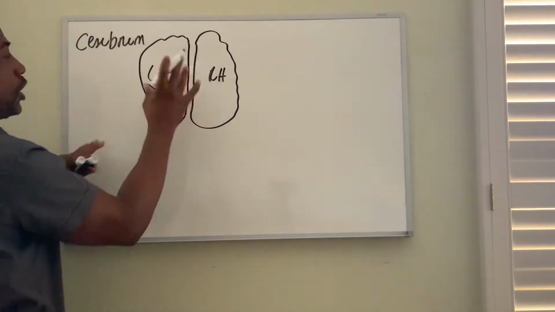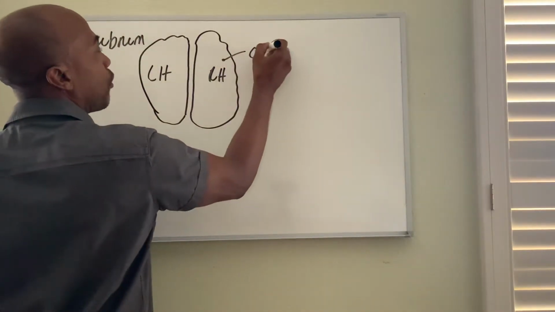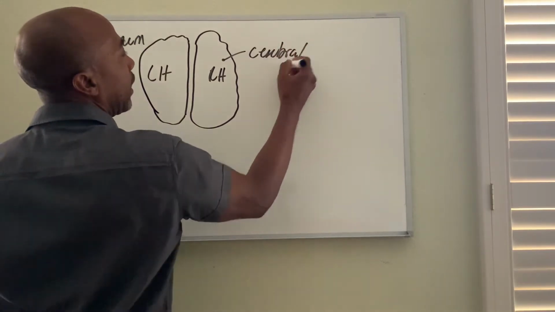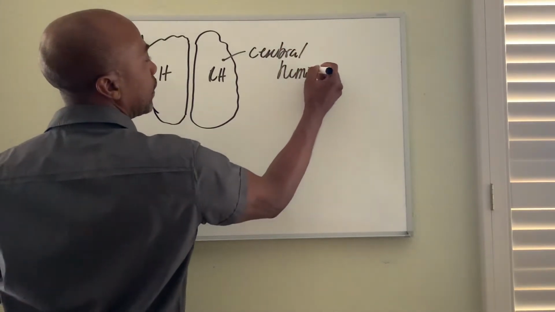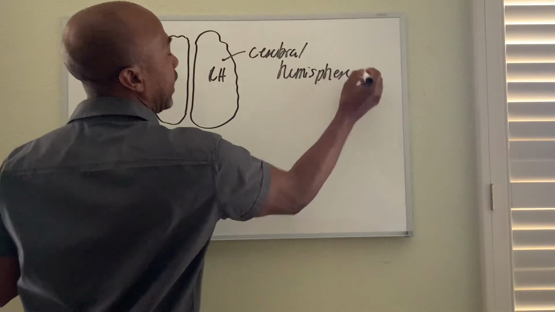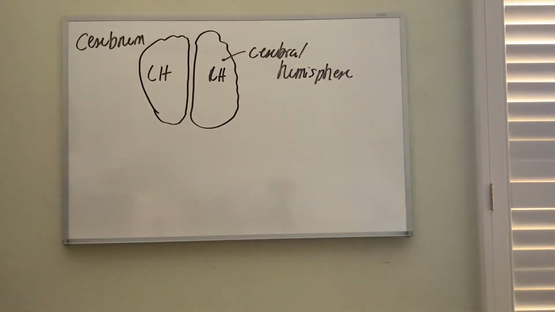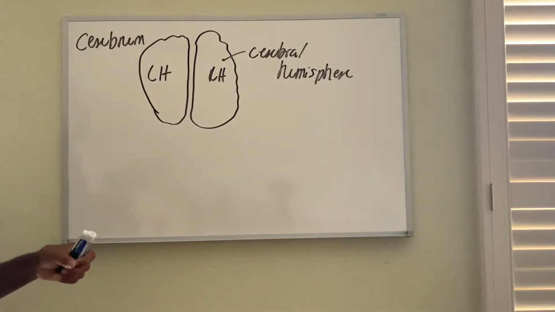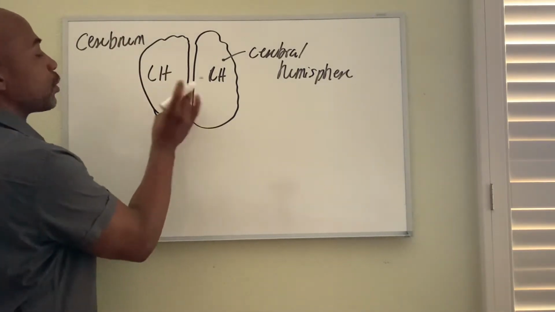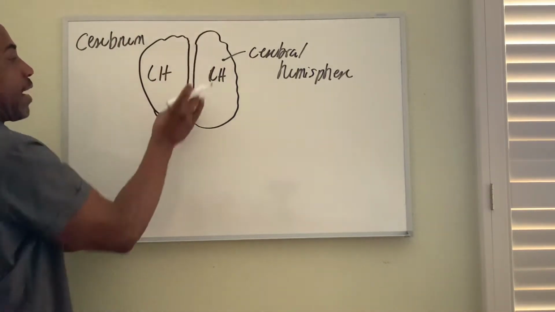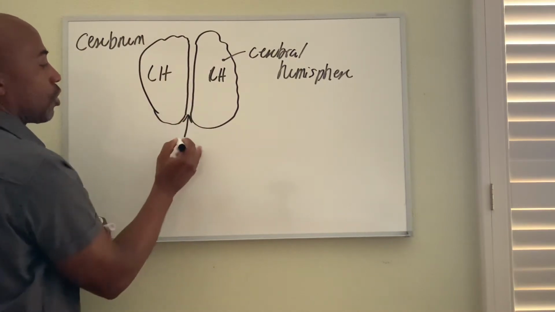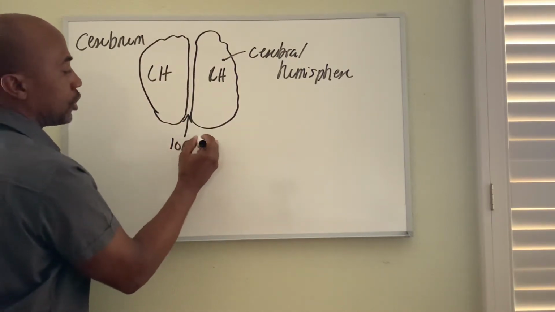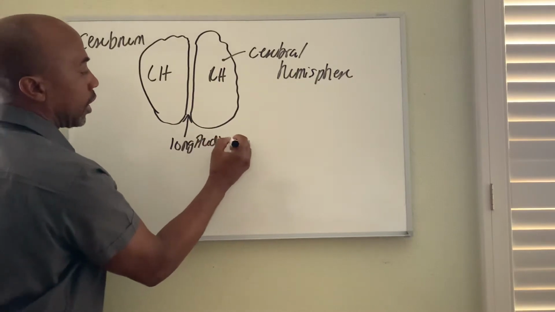So these are called your cerebral hemispheres. These are the right half and the left half of the cerebrum, called your right and left cerebral hemispheres. And the division between them, the groove that separates them, is called your longitudinal fissure.